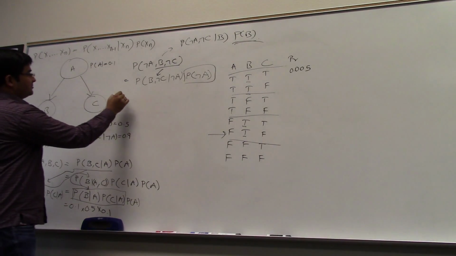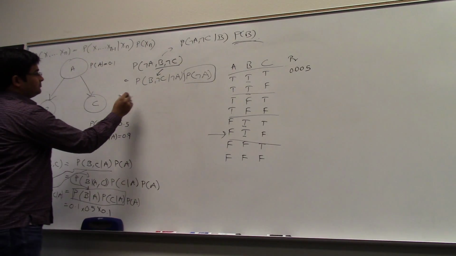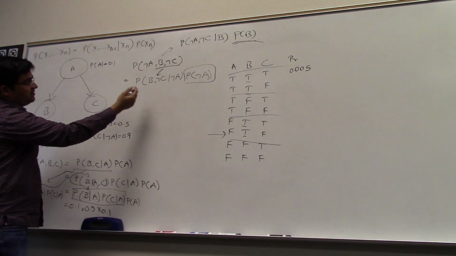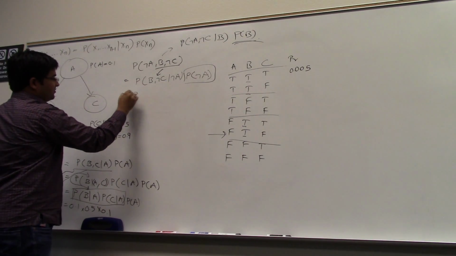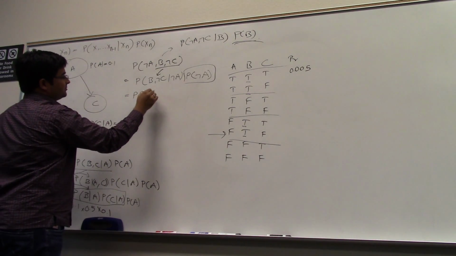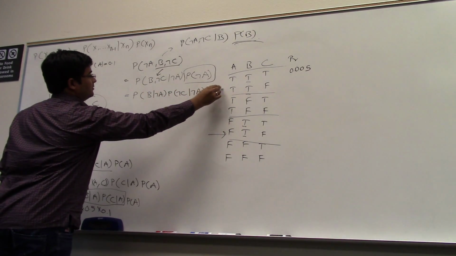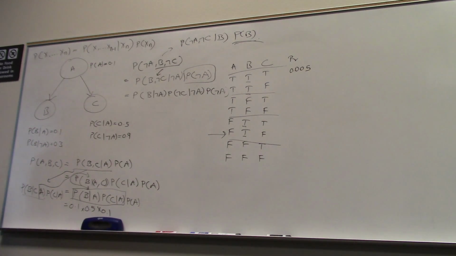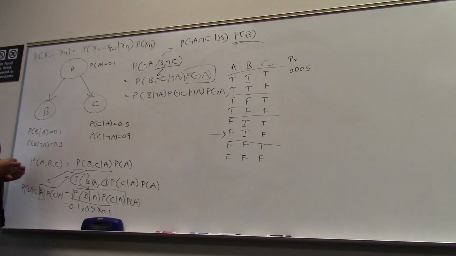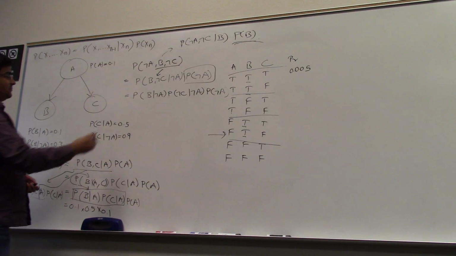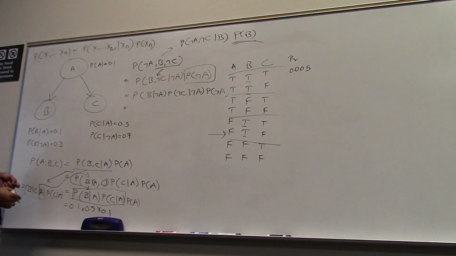So what is this? Once again, the sense of it: given A, basically B and C are independent. So we'll get, I skipped this extra step, 0.027.